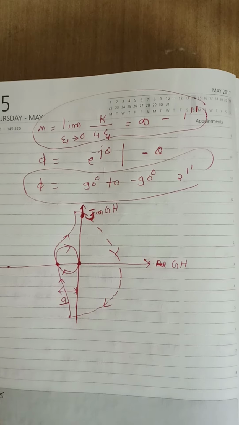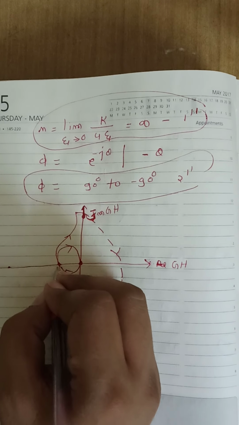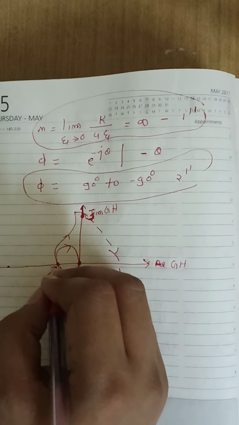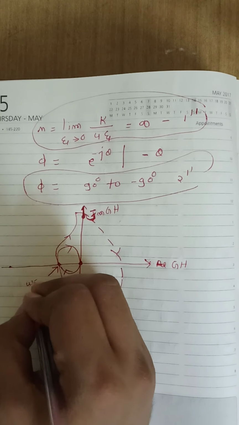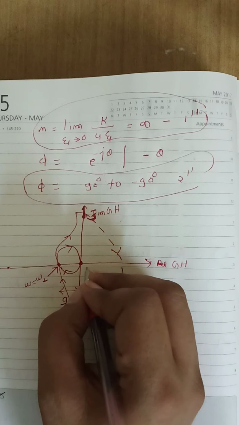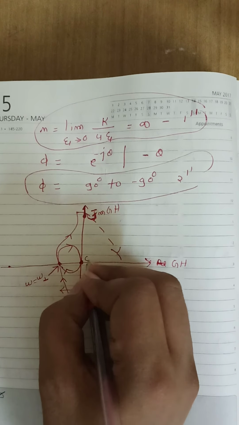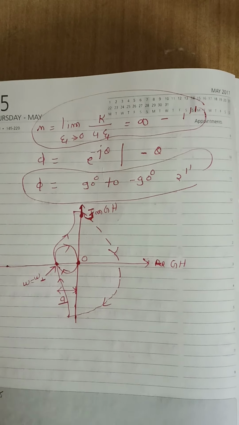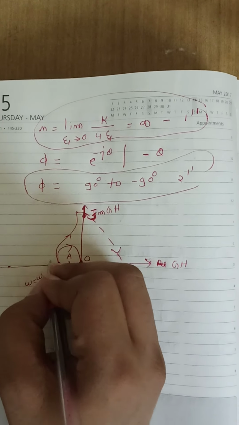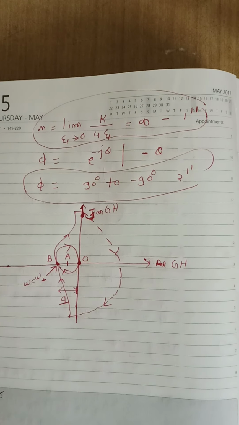But we know the value of omega at this point. Suppose the value of omega at this point is omega 1. Suppose this is the origin, meaning 0, and this point is suppose A, this point is suppose B.